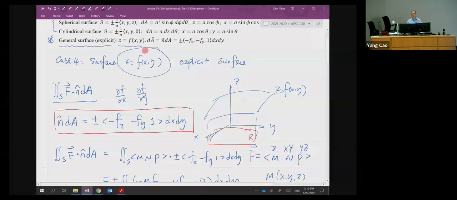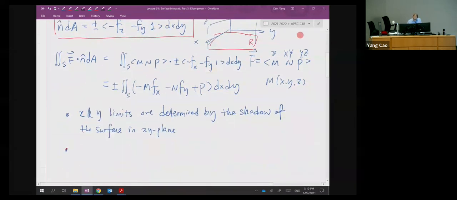You're integrating over the surface, and that's what z is: z is equal to f of xy. So when you're dealing with the result of the dot product here, you need to substitute the z with z equal to f of xy.